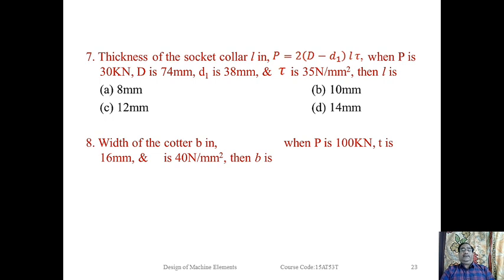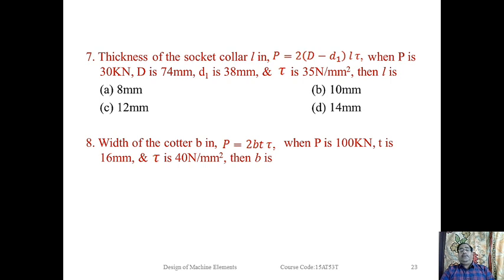Next, eighth one, width of the quarter B in the equation capital P is equal to 2 into B into T into tau, when P is 100 kilonewton, T is 16 mm, and tau is 40 Newton per mm square.